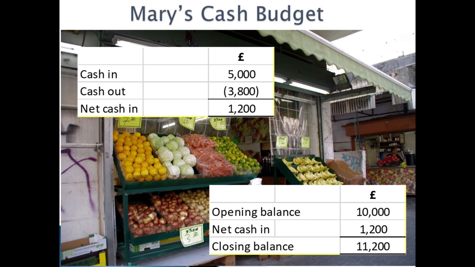If she wants £1,500 instead of £1,200, she could consider perhaps selling more products if that's feasible, or raising the price, or paying less if she can negotiate a better price or find a better source. And once having resolved that, she can then redo her cash budget, which will then hopefully end up with a projection of £1,500 coming in.